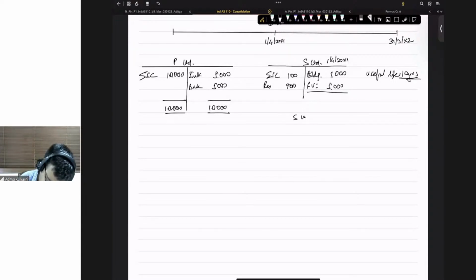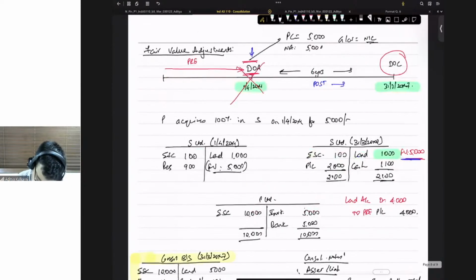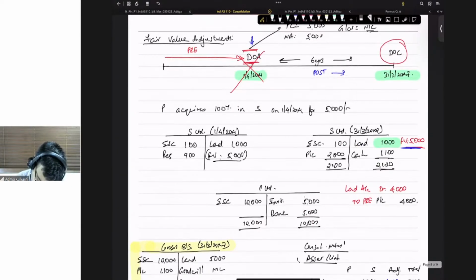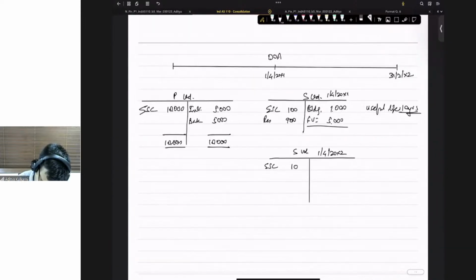Okay. S Limited, 1st April 20x2. Equity share capital 100.